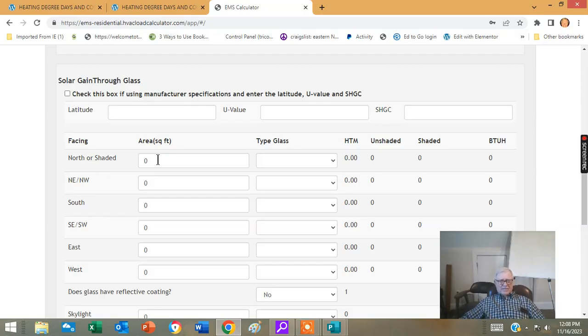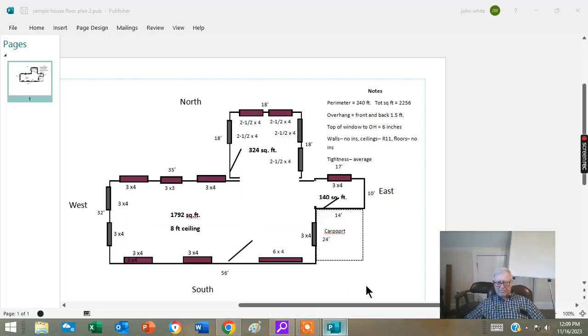The first thing it's asking here is what's the square footage of all the windows that are facing north or shaded. So we've got to go back to our picture again. There you go. And this is your north side right here.